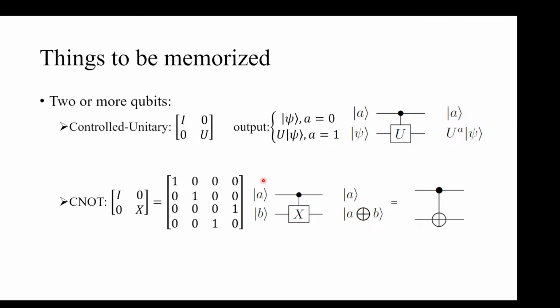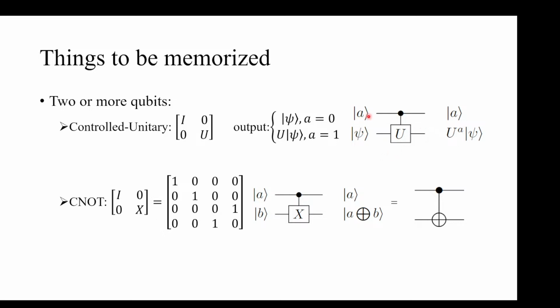And so first is control unitary notation. We have that unitary control. If we want to control on the first qubit, act on the second qubit with unitary U, then we write this control unitary notation. Okay.